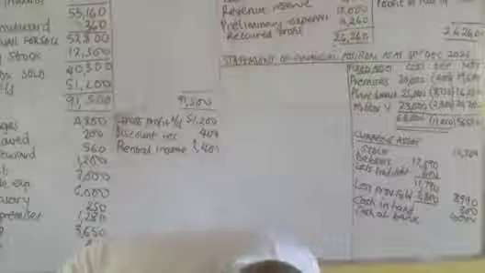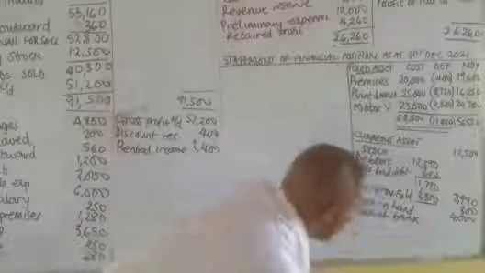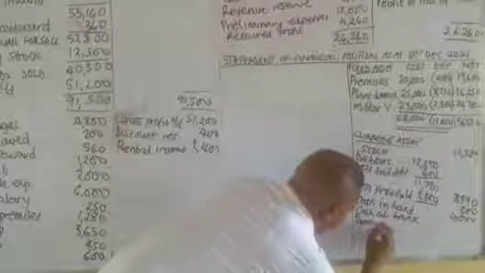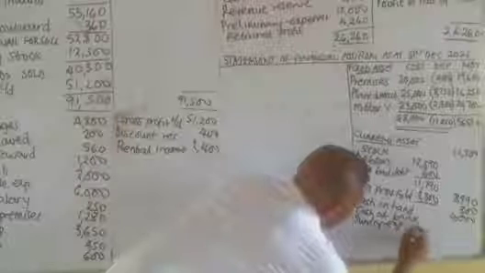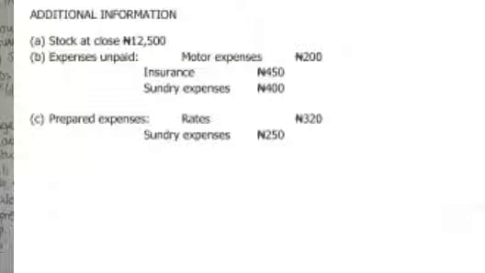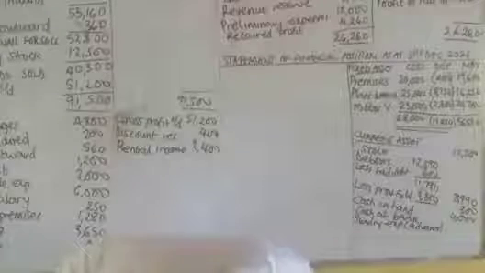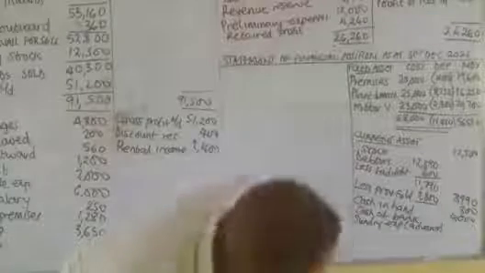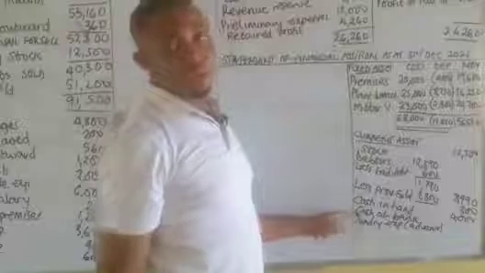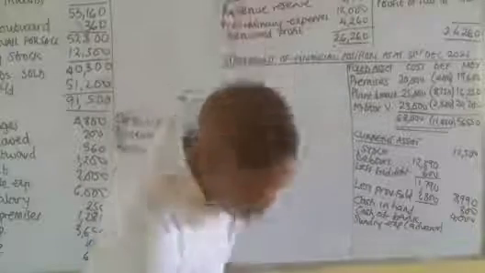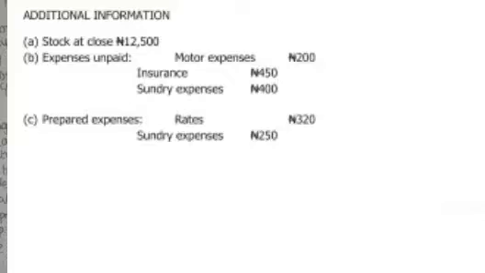Another item is sundry expenses that was paid in advance. We have the one that was accrued, and we also have the one paid in advance. The one paid in advance is prepaid expenses. So that is 250.